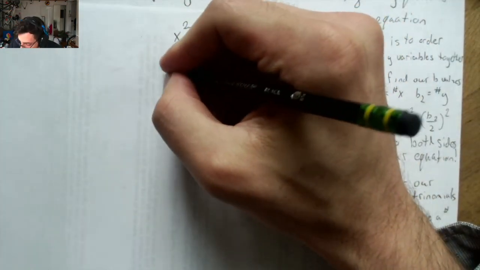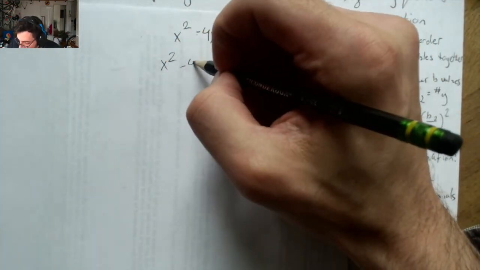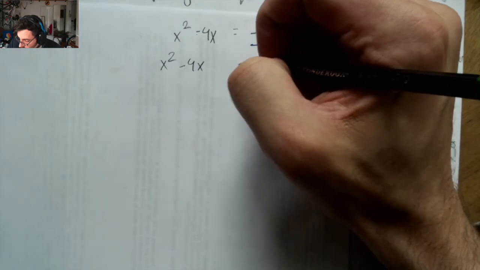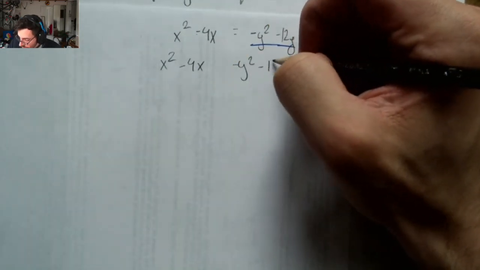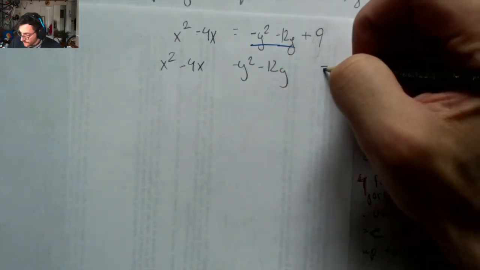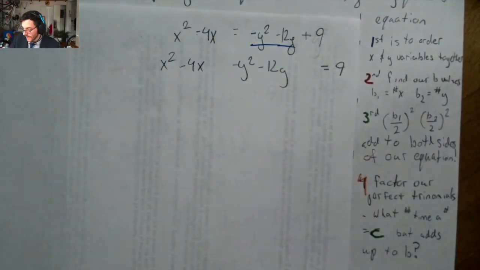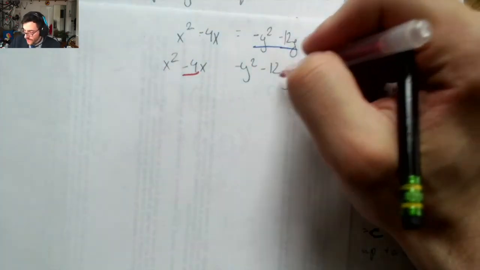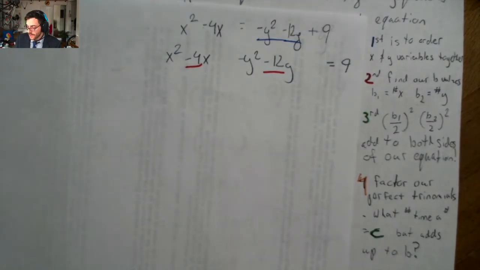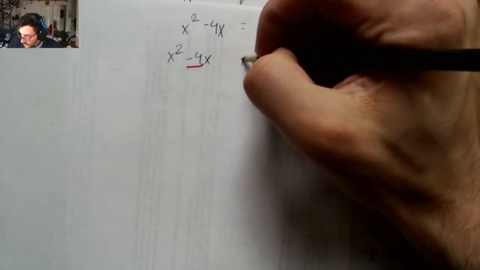We're going to have x squared minus 4x minus y squared minus 12y equal to 9. Next step is going to be finding our b value. Our b values are going to be negative 4 and positive 12.